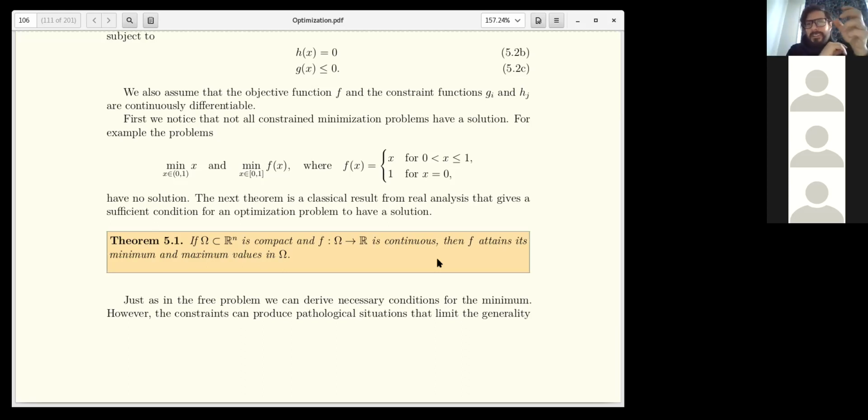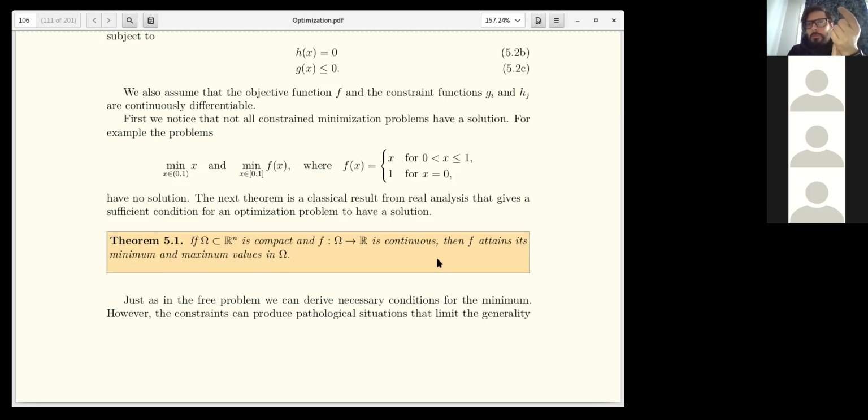Technically speaking, those two imply compactness. Compactness is a little bit more general property, but for our purposes, we look at compact sets that are guaranteed to be closed and bounded.